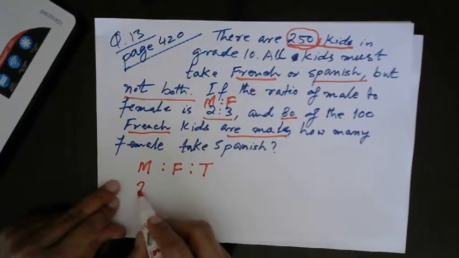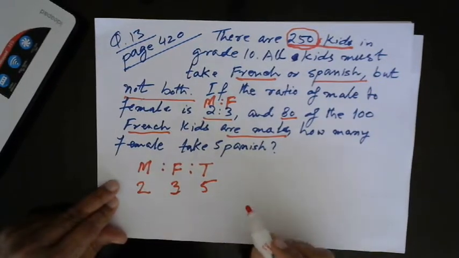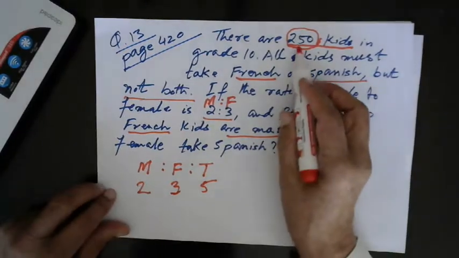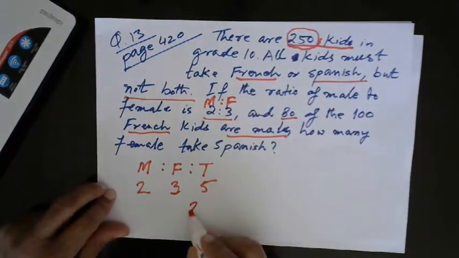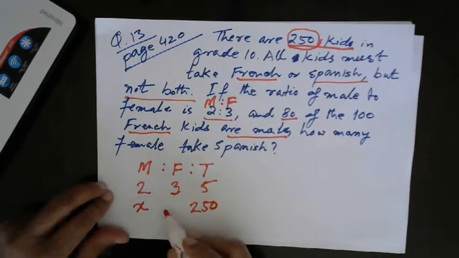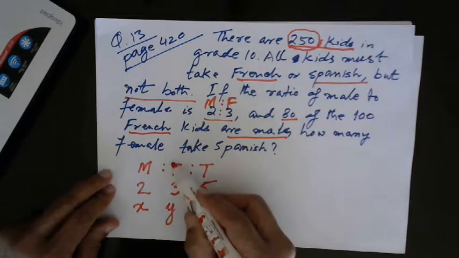So if there are 2 males and 3 females, the total is 5. Now, if the total is 250, then how many males and how many females? Let us first find females.